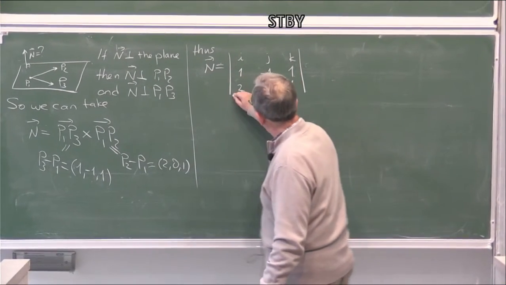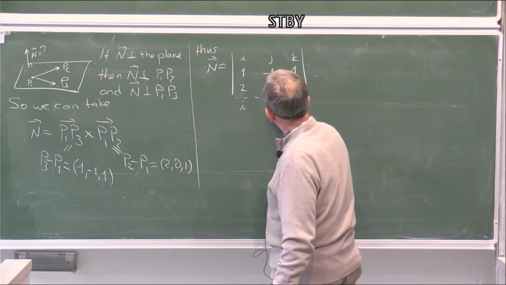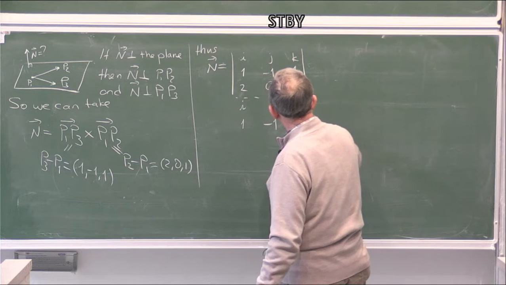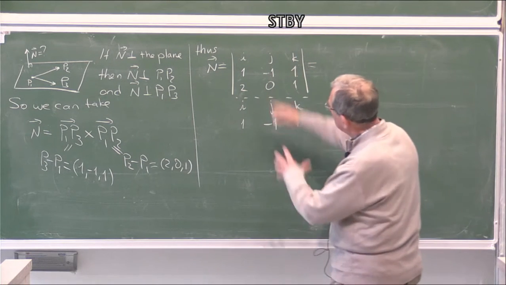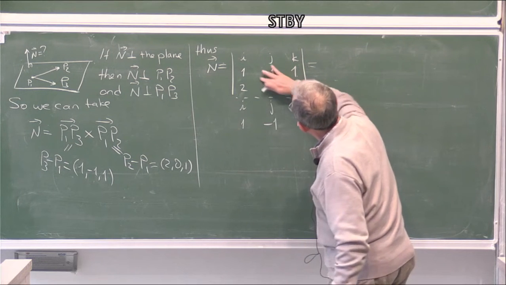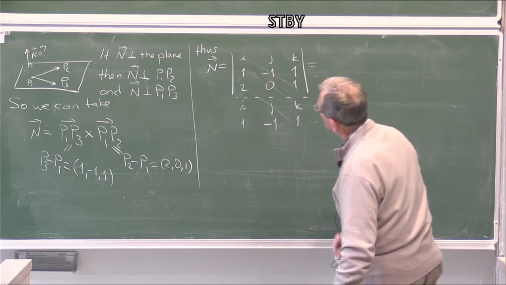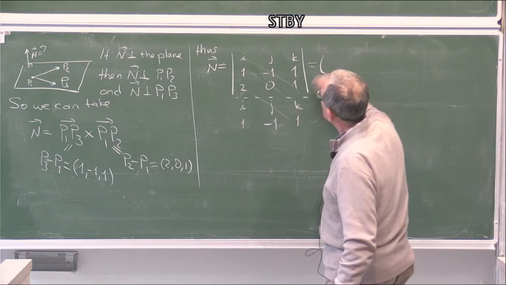And recall how we calculated determinants. We have our ijk's here, and 1, minus 1, 1. Well, I will not calculate it the long way. The cofactor expansion is easier, so I'll just write down the result.